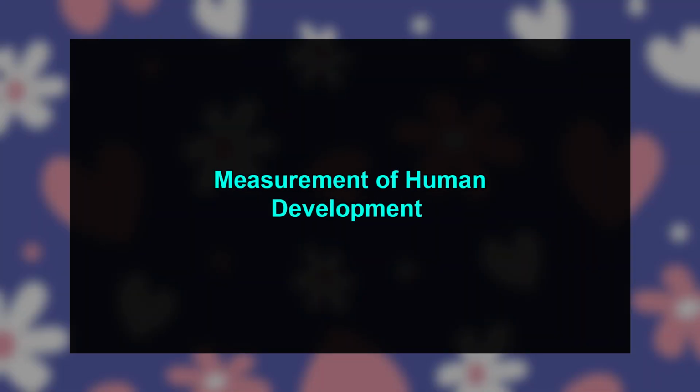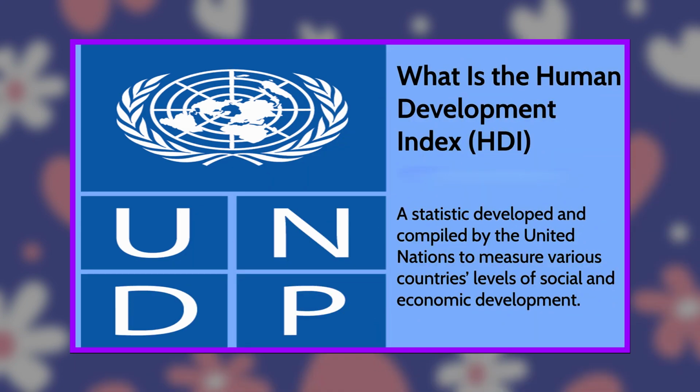Now, dear students, we will discuss the concept of measurement of human development. The Human Development Index became a landmark event when it replaced the hitherto supreme income measure. The search for an alternative measure had been on for a long time, beginning around the period after World War II.